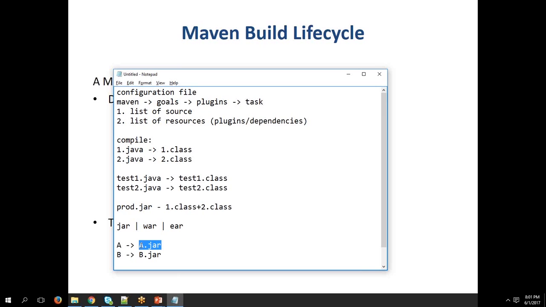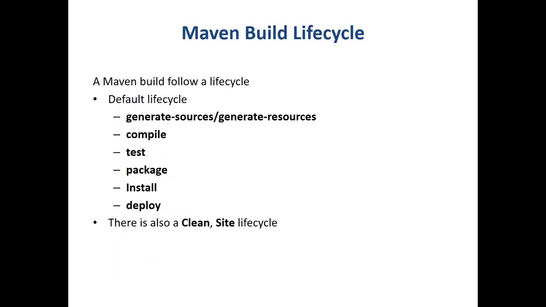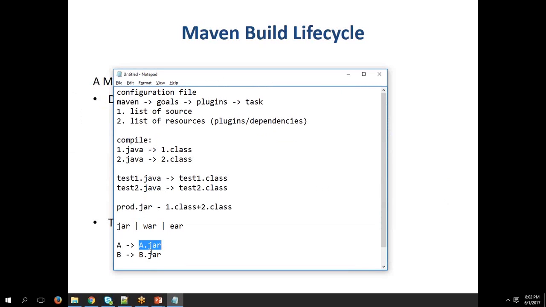So now, if you're doing compilation or any other step, what is the first thing Maven is going to do? It is going to generate the sources and the resources. So now, one of the resources which project B requires is a.jar, right? As a list of resources that it needs, it is going to need a.jar.